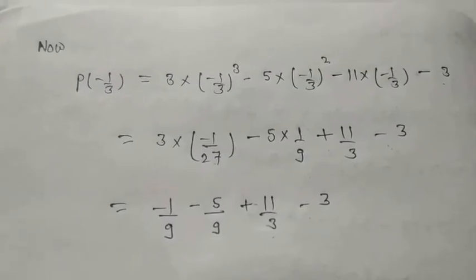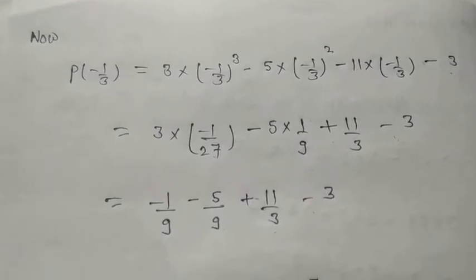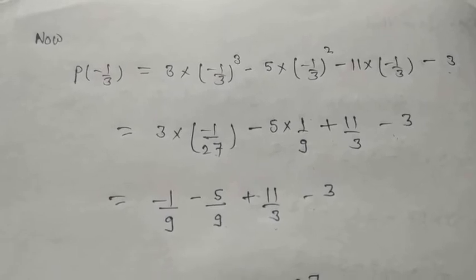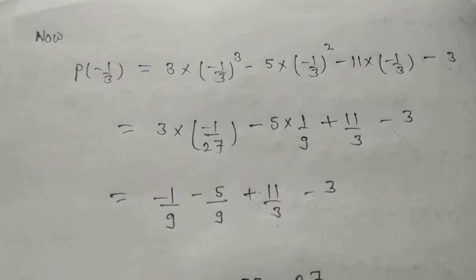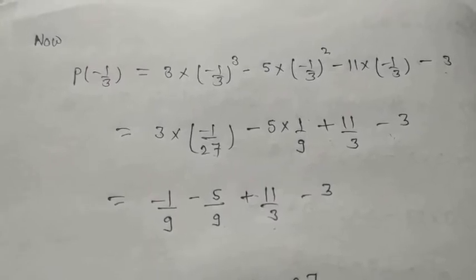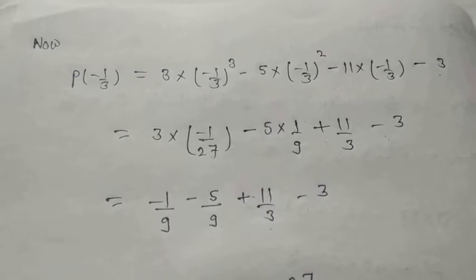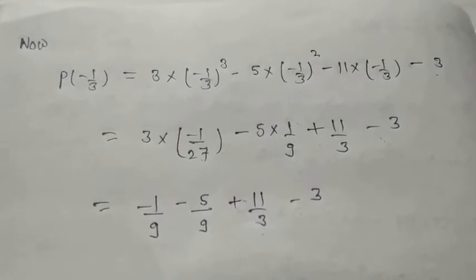Now children, one more value was left, that is minus 1 by 3. So again you do the same thing, put minus 1 by 3 in the given polynomial in place of x. So p of minus 1 by 3 equal to 3 into (minus 1 by 3) cube minus 5 into (minus 1 by 3) square minus 11 into minus 1 by 3 and minus 3.